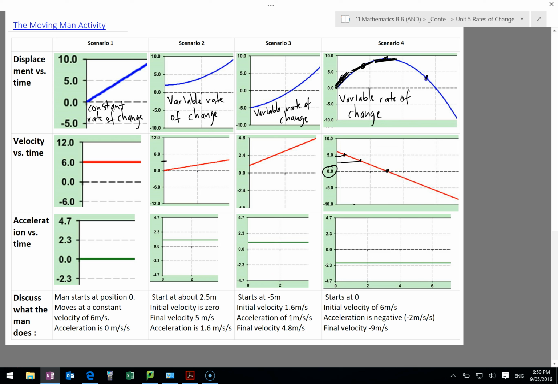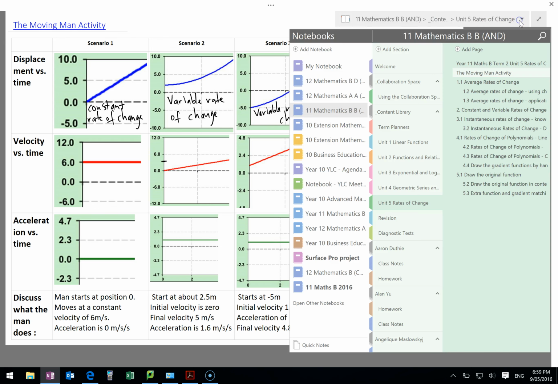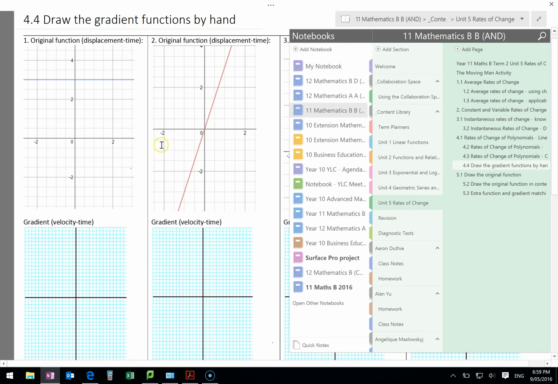And then as we continue along the graph, the slope is negative and becomes even more negative, a steeper negative value. So let's try and apply those ideas to our task of drawing the gradient function by hand.